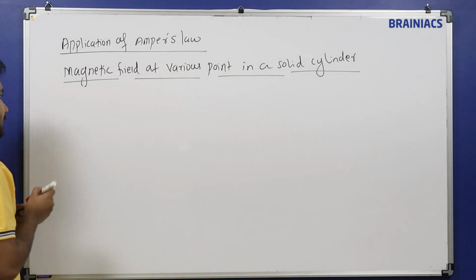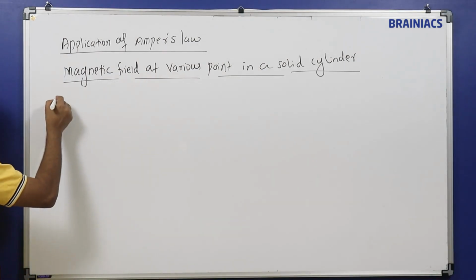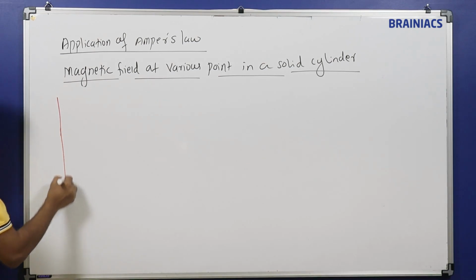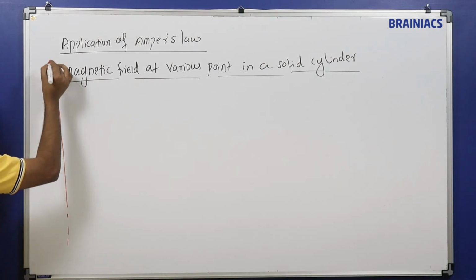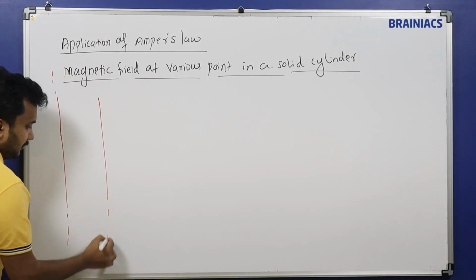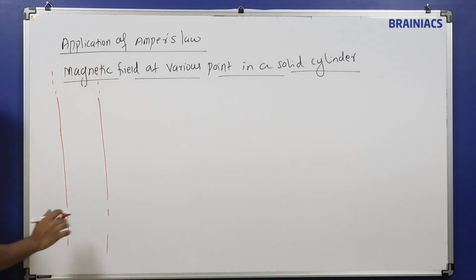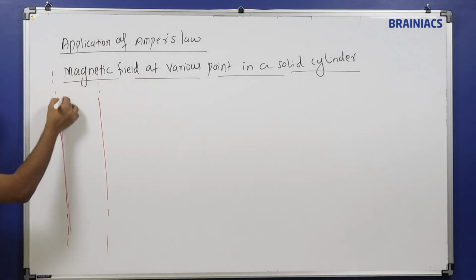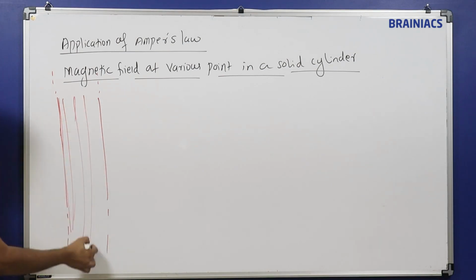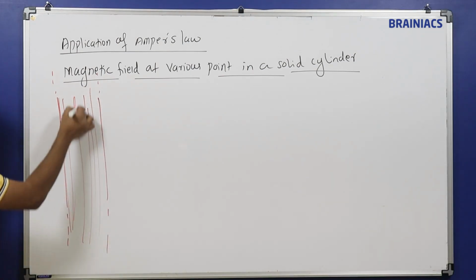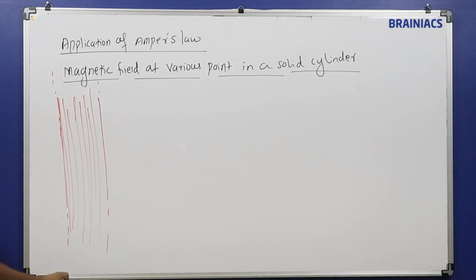What does this mean to us? So let me consider an infinite cylinder, and this is going like this, not ending at all. This is going, and this is solid. Solid means it is filled with an iron material or a copper metal, whatever it is.